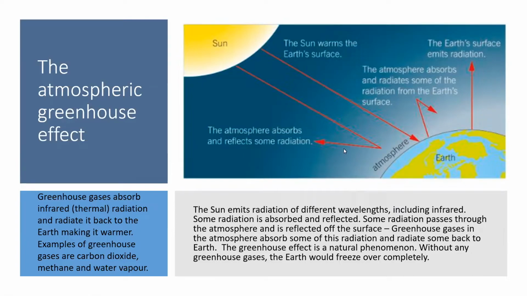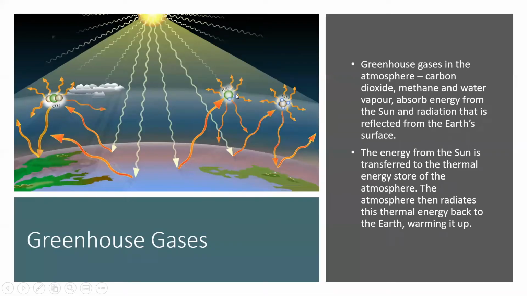The greenhouse gases actually absorb some of the radiation coming from the sun and re-radiate it back to the Earth. Sometimes some of the light also just bounces off the Earth, and they absorb that and re-radiate it. So that's the more precise definition of what is happening. They're actually trapping the heat by doing this.